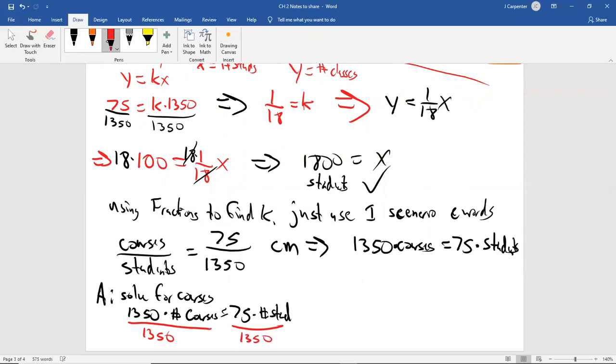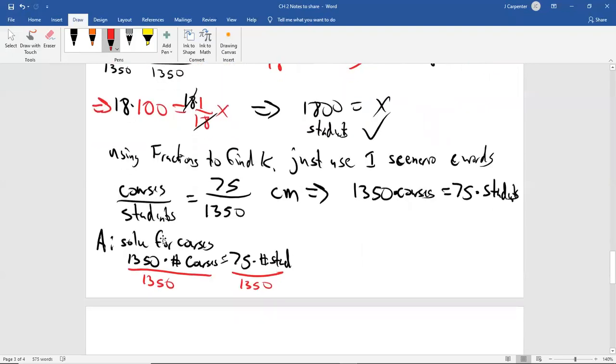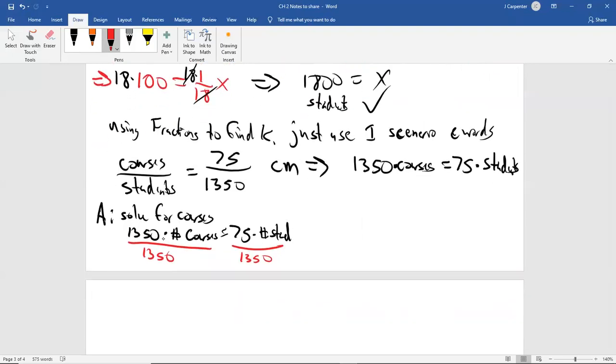We already know that fraction reduces to 1/18, and I ran out of room, didn't I? That's okay. I'm going to do that here. That's 1/18, so the number of courses is 1/18 of the number of students. So that says if you know the number of students, you can just plug that in here, multiply it by 1/18, and you'll figure out how many courses you need to offer.